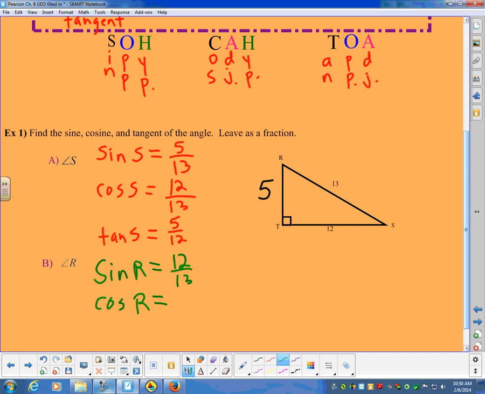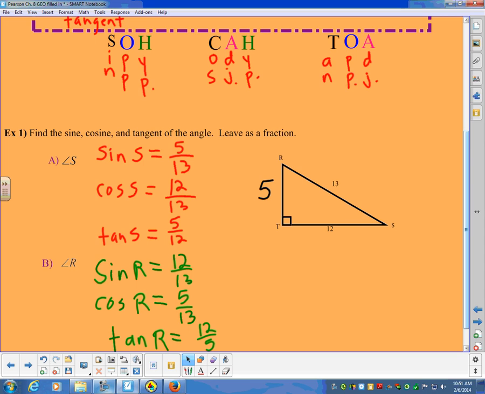Yes, it's the adjacent to R, which is 5 over the hypotenuse. And then finally, tangent of R is equal to opposite 12 over adjacent 5. And those are my three trig ratios from the two different angles.